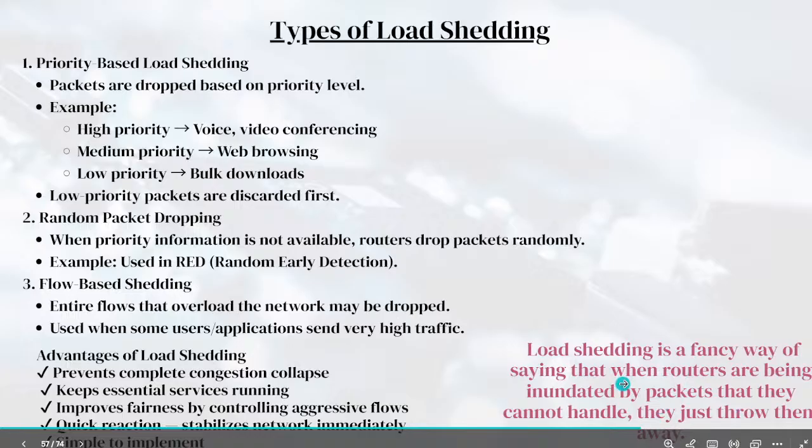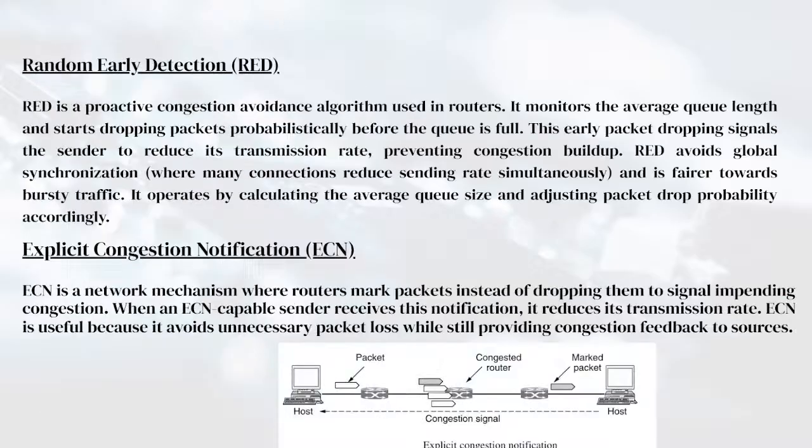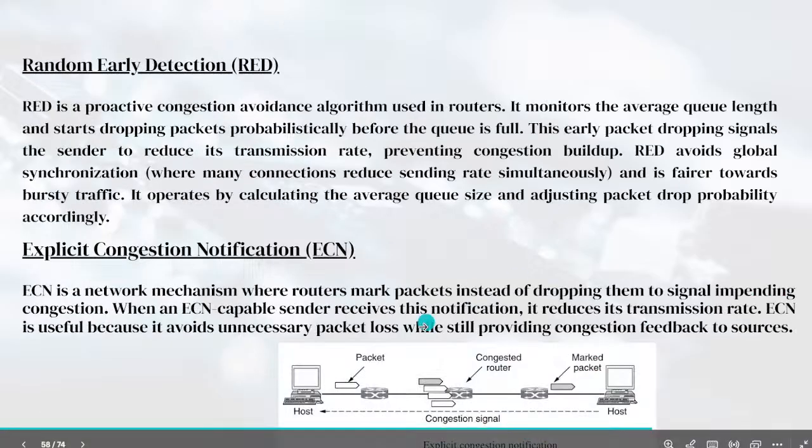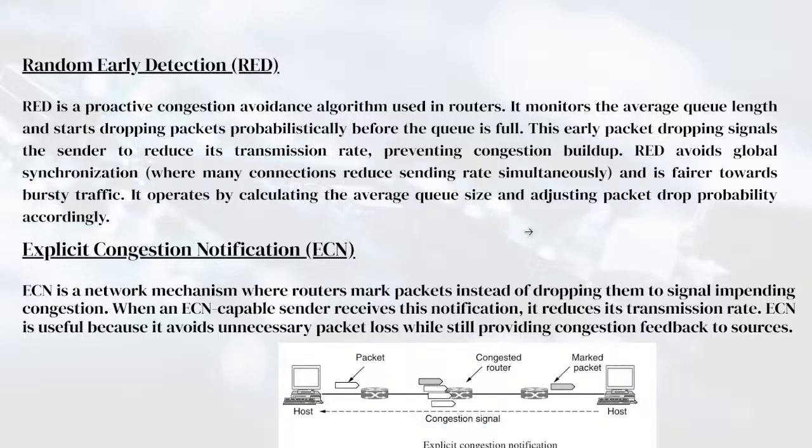Okay, now some small topics we are going to discuss. In between there may be some 7 marker questions that will come. So here the first thing is random early detection. It is a proactive congestion avoidance algorithm used in routers. It will monitor the average queue length and start dropping packets probabilistically before the queue is full.